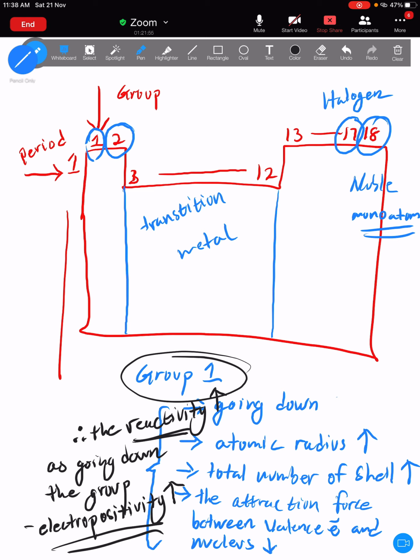Now I'm going to talk about group 17. So you must remember group 17 is also known as halogen gases, or sometimes they are also known as diatomic gases.